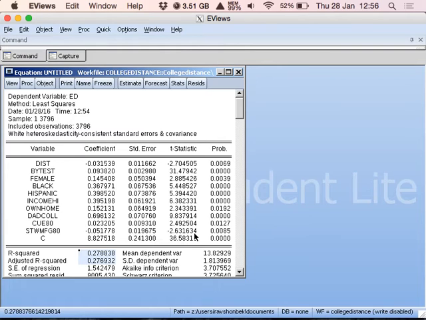Now, how would you interpret this result, guys? If a test asks you to comment on the coefficient estimate of distance, how would you do that in context? No one?